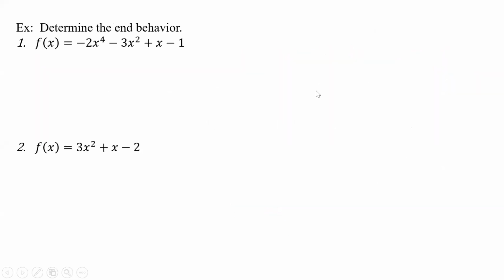So with this one, determine the end behavior. Okay, well, what do we have? n is equal to 4, so it's even. So it's going to be either like this or like this, depending on our coefficient. Our coefficient k is equal to -2, so that's less than 0. What that means is this is going to be our end behavior.